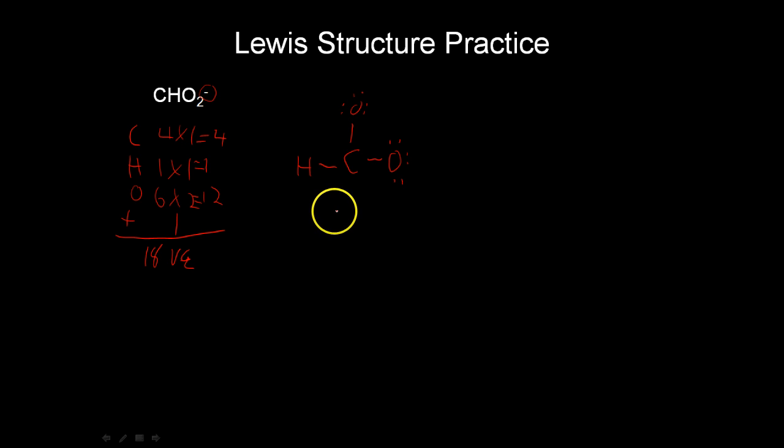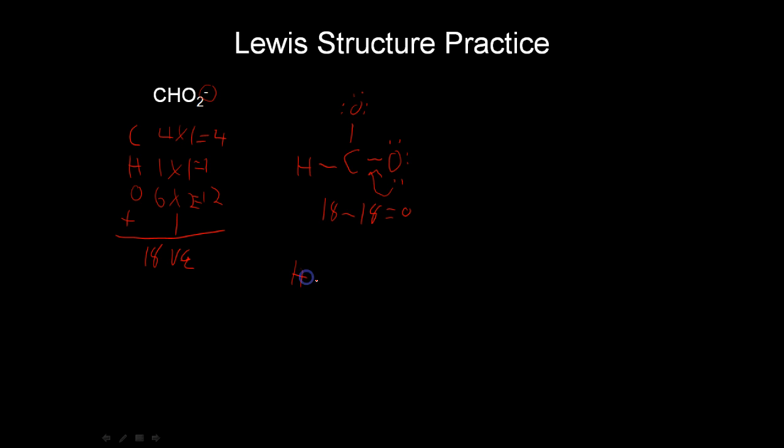Are we done? Think about it. We aren't, because we don't have an octet around our central atom. So what do we do? We've used up 18 valence electrons, so 18 minus 18, we don't have any more to put on our central atom. So what we do is we add a double bond. So we move these electrons down here.